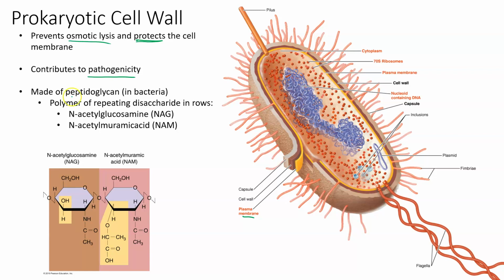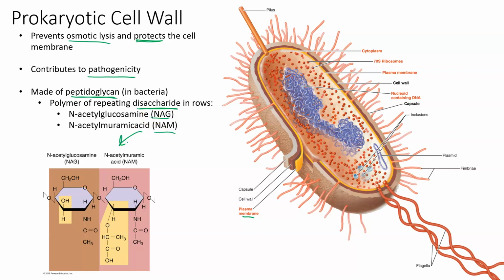They are made of peptidoglycan. So peptidoglycan is a structural polysaccharide. Bacteria specifically are going to use peptidoglycan as the base component of their cell wall. And this peptidoglycan, which we're going to talk about in a minute, is made of repeating disaccharide molecules NAG and NAM. And so you can see those down here.